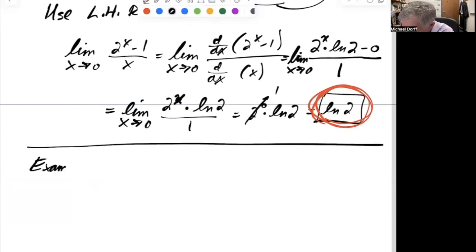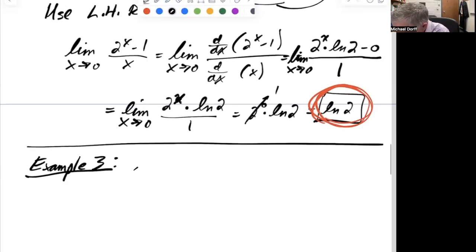So example 3. Let's look at the limit as x goes to 0 of (e^(3x) - 1 - 3x) over x squared.